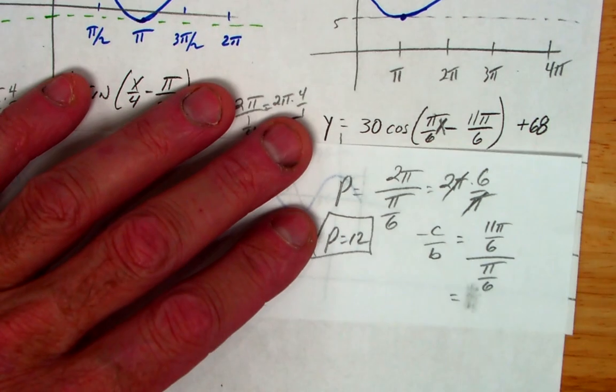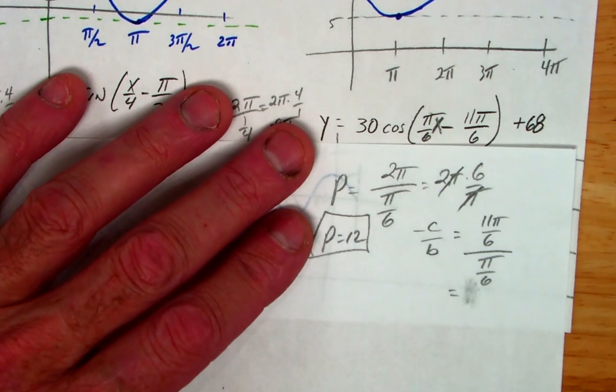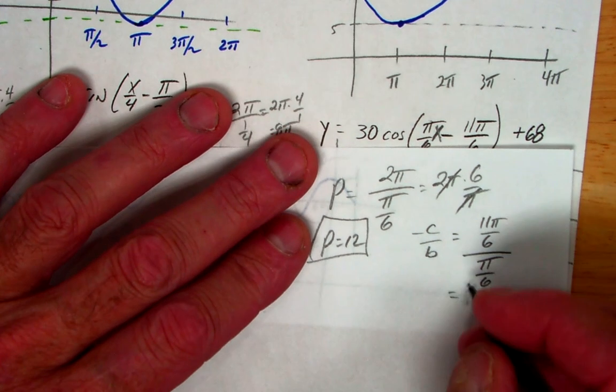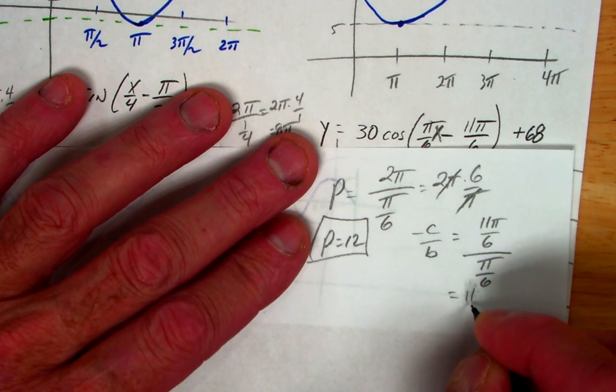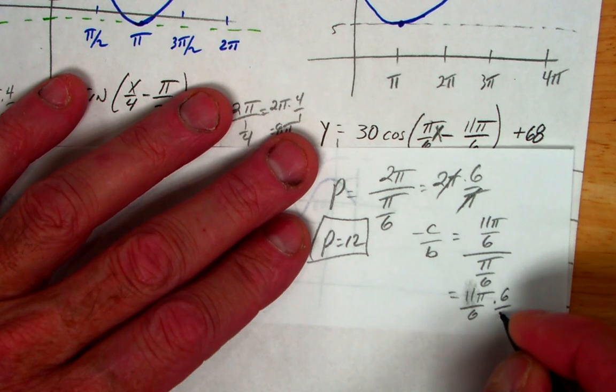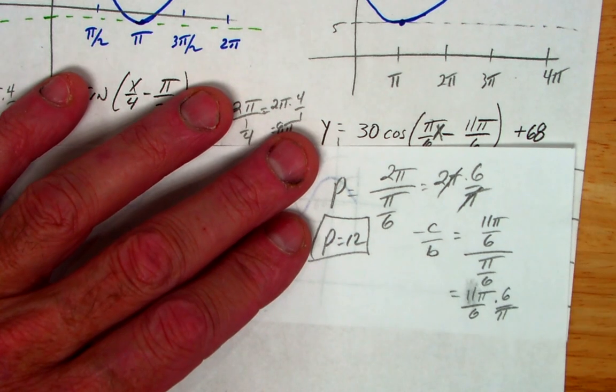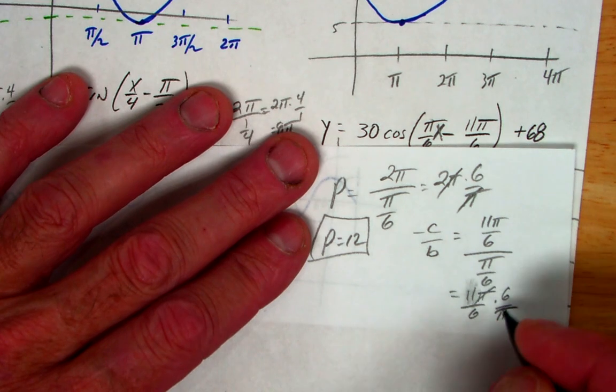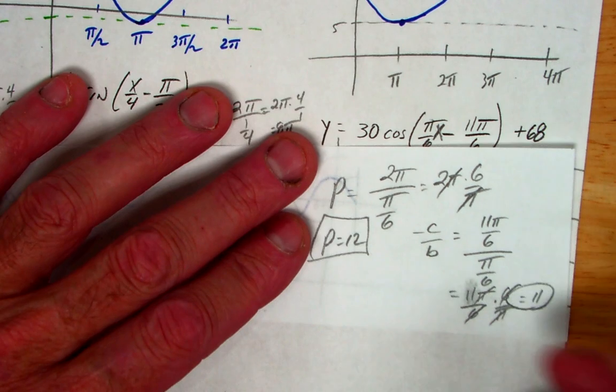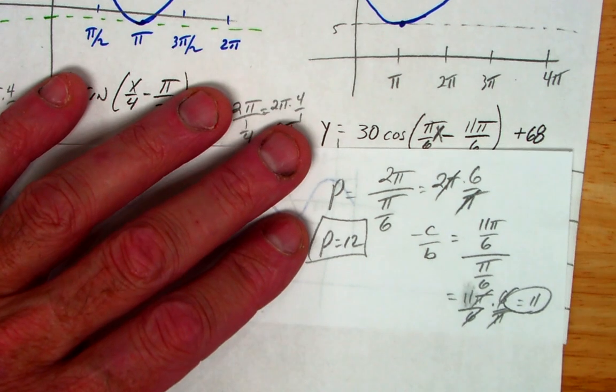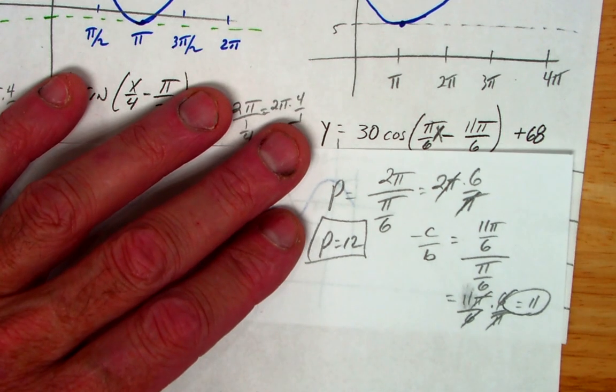No, no, no. Sorry, guys. 11 pi over 6 times 6 over pi. Oh, 11. You know what? This is a terribly written problem. I didn't cancel pi. Because my period is 12, and I moved it over 11.